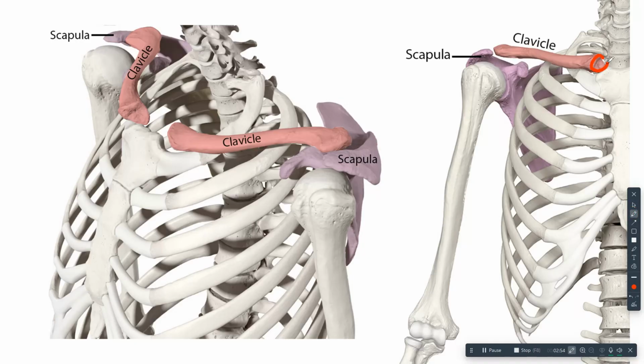Notice its roundness, and it is articulating with the manubrium. Here's the manubrium of the sternum. So right there is that joint between the clavicle and the sternum. Pretty good, pretty good.